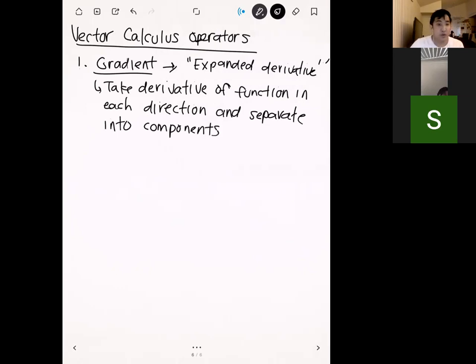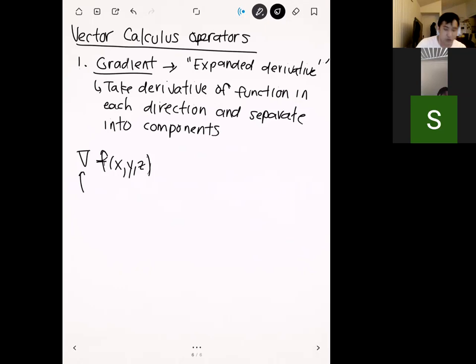Let's say that we have a function f, and the function f is a function of x, y, and z. If we take the gradient of this, the gradient is given by this symbol right here.